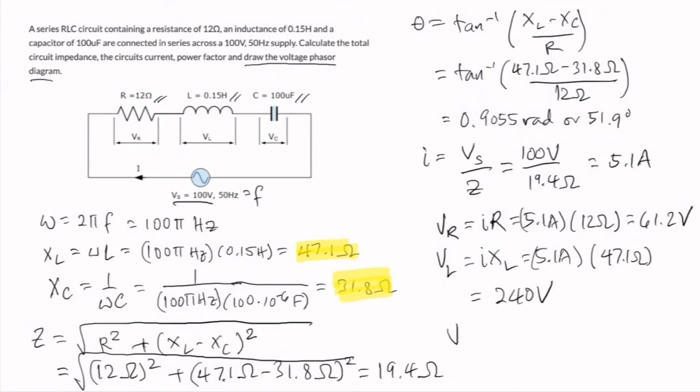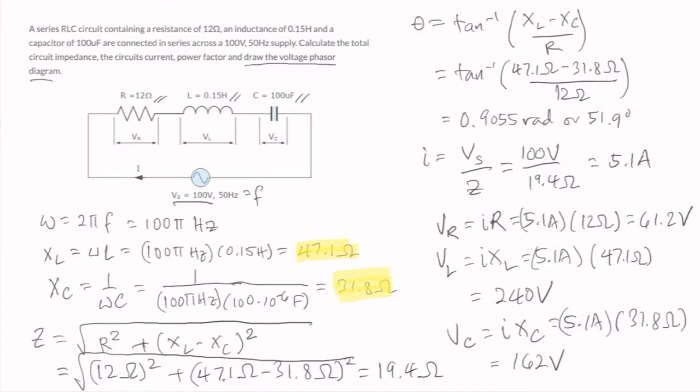And finally, the voltage across the capacitor is I times the capacitive reactance, which is equal to 5.1 amperes times 31.8 ohms, or 162 volts.